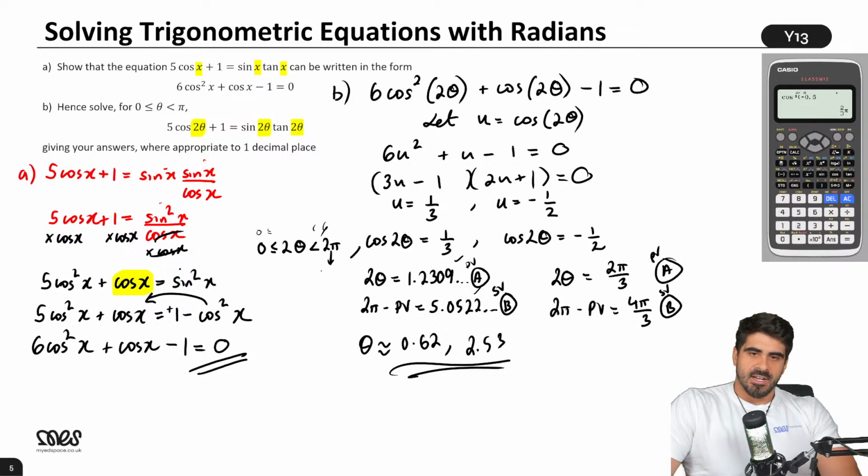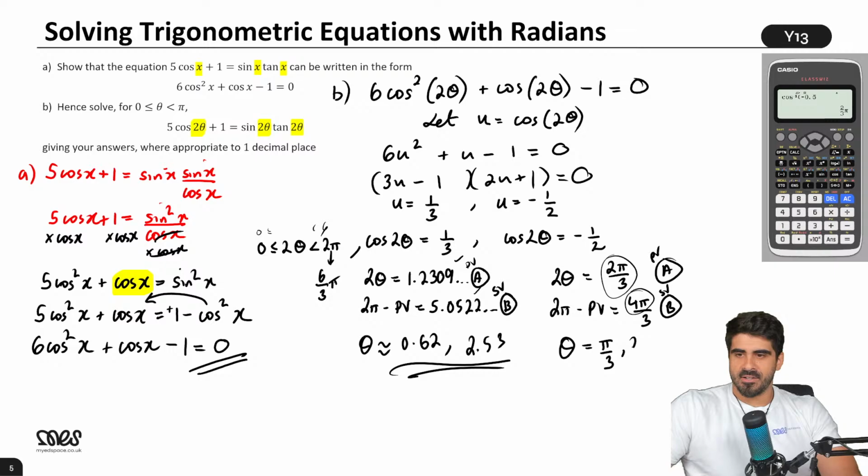If you added, guys, you would get 6 pi over 3. And you can see 2 pi and 4 pi are within that. So we don't need to do anything. We don't need to add or minus 2 pi. Then we just divide everything by 2. This divided by 2, you're just halving the numerator, pi over 3. Halving that, 2 pi over 3. And those are our solutions. Pretty simple.